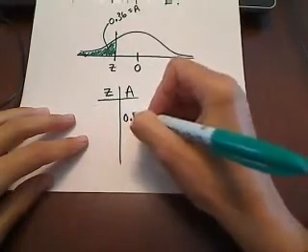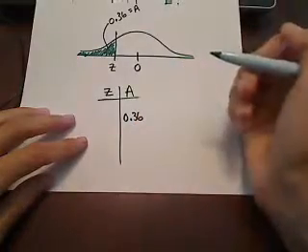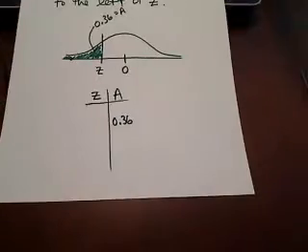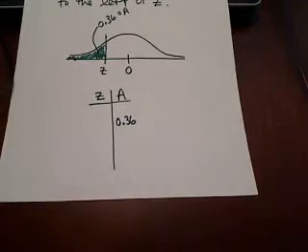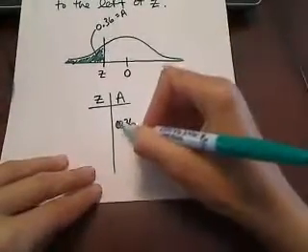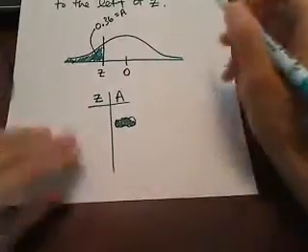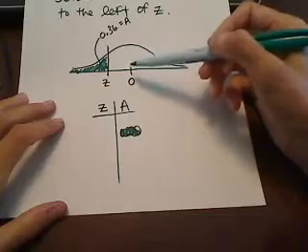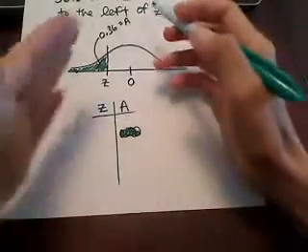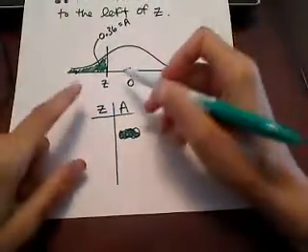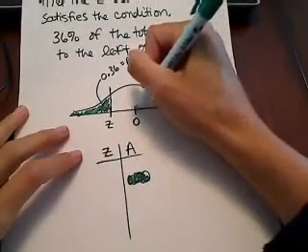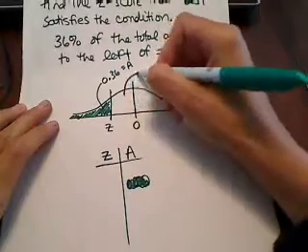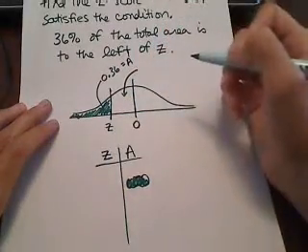But in this particular problem, I'm going to be looking for the area. I have to be kind of tricky about the area that I'm looking for, because the z-scores on the chart correspond to the area between 0 and the z. So what I'm actually going to have to look up is the z-score that goes with this area right here.